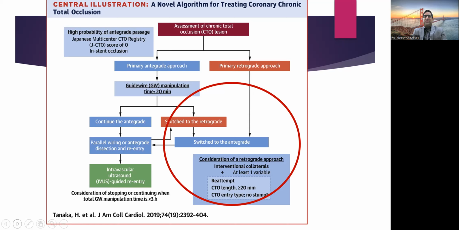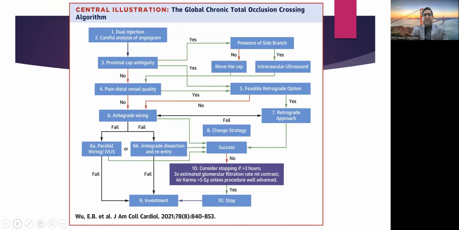If good intervention collaterals are available, and at least one variable is there, that is CTO length more than 20 millimeter, it is a reattempt, or it has a CTO entry type with no stump. That means if there is an ambiguous cap, or it is ostial in location, or a failed CTO, then we may even try to go with the primary retrograde approach. So these are few places where retrograde PCI would be better.